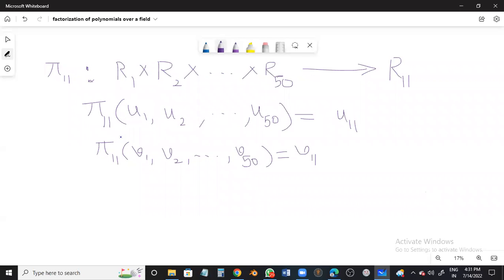Now, suppose I take the sum of these two, meaning first place U1 plus V1, second place U2 plus V2, and so on. What will be my last component here?